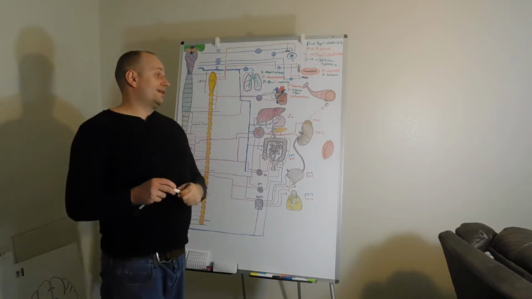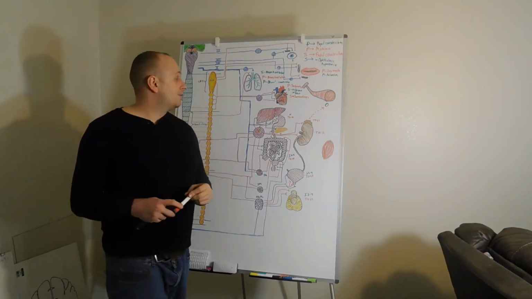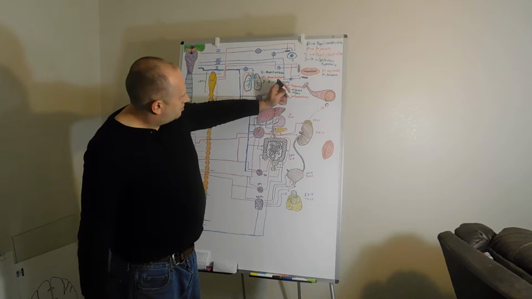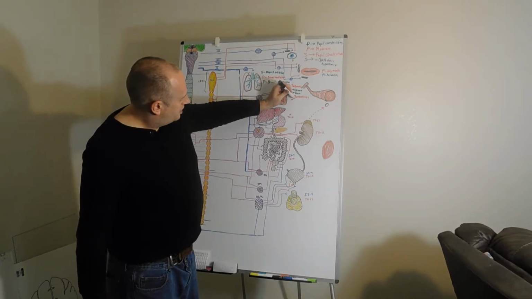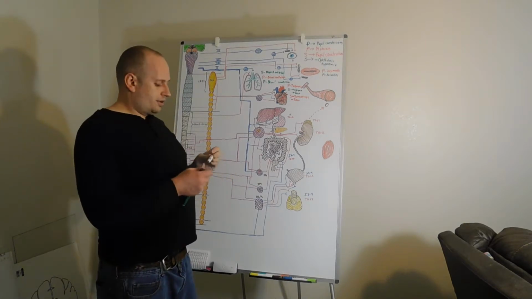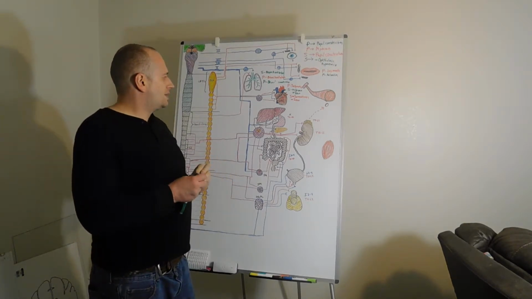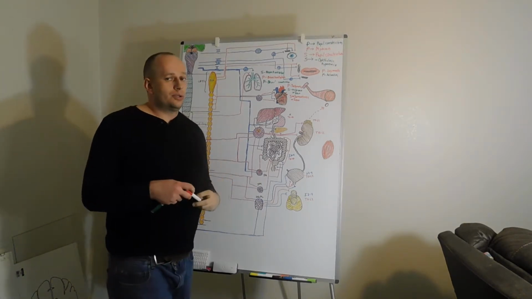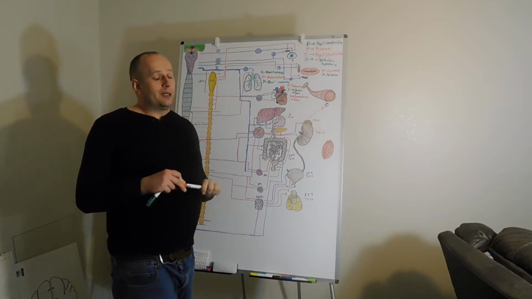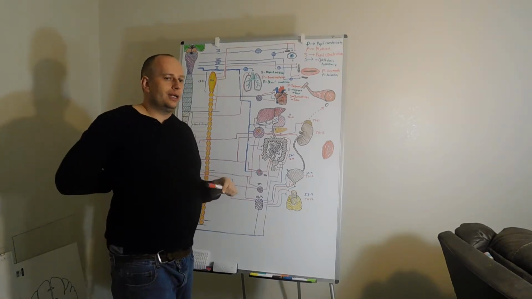And I'm thinking that, yeah, that also decreases inotropy. So we'll also put minus inotropy. Decreases the force of contraction, and probably decreases lusitropy as well, which means your heart doesn't relax as quickly either.